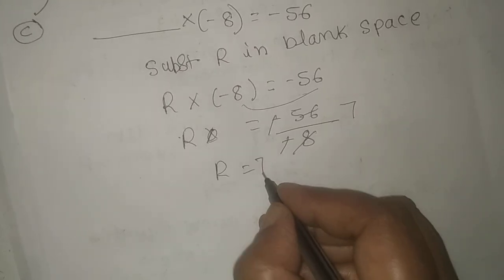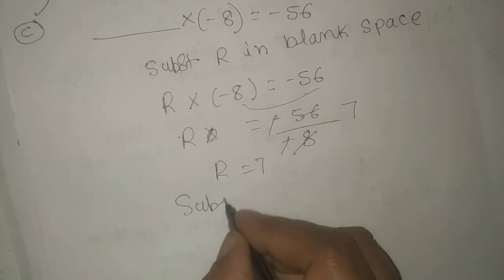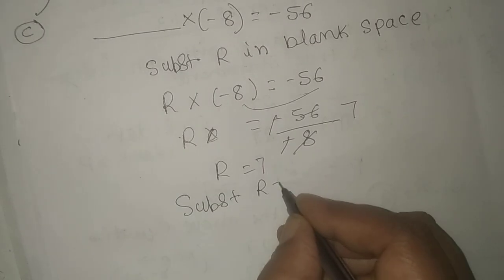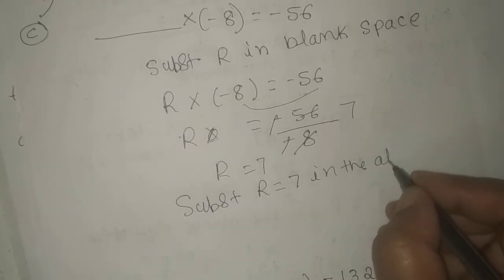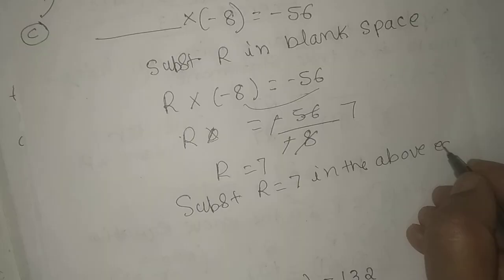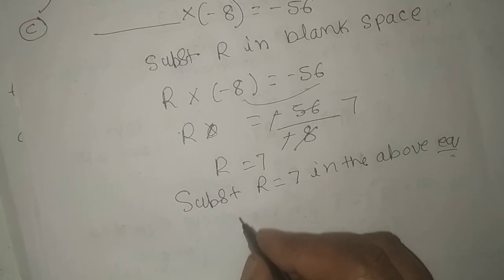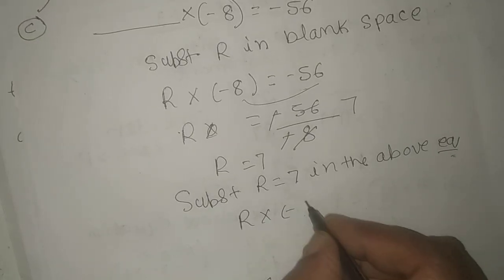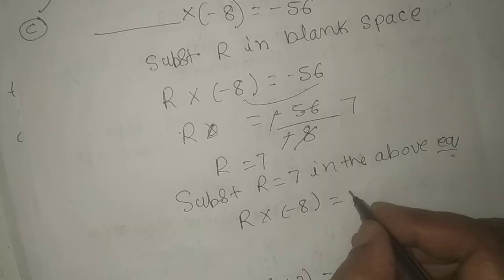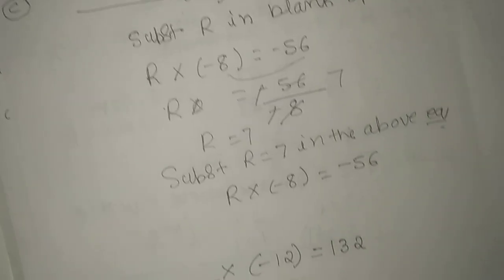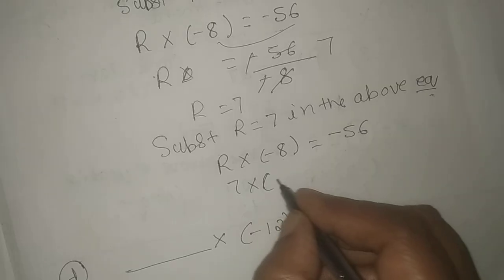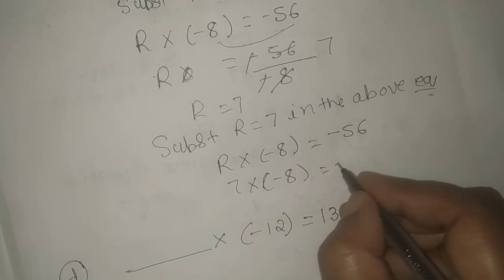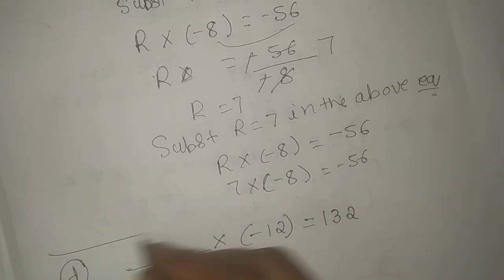So R is equal to 7. Substitute R is equal to 7 in the above equation. Therefore R into minus 8 is equal to minus 56. Therefore R is 7 into minus 8 is equal to minus 56.